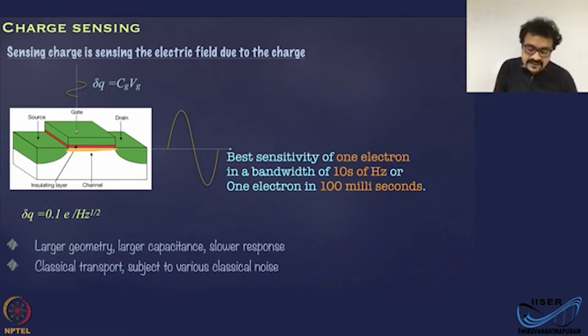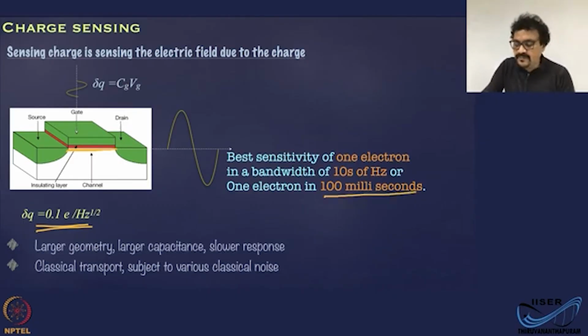Usually, the unit for sensitivity is always specified in this fashion, electron per root hertz. What that means is, in this specific case, you can sense one electron or movement of 1 electron if a time of 100 milliseconds is given.